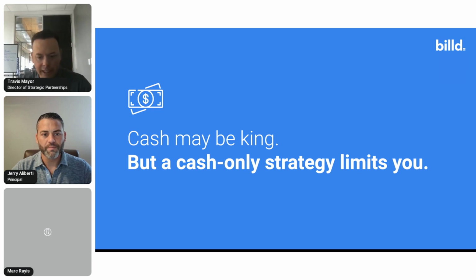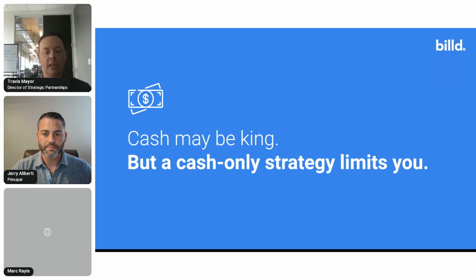And cash is not the only thing you should take a look in the mirror at, as far as, can I grow as much as I want, or how is this limiting me in other areas? So, your market, your current workforce, labor pool, your ability to finance projects outside of cash, bonding capacity, all of these things are considerations, and we'll unpack some of these further in future slides.